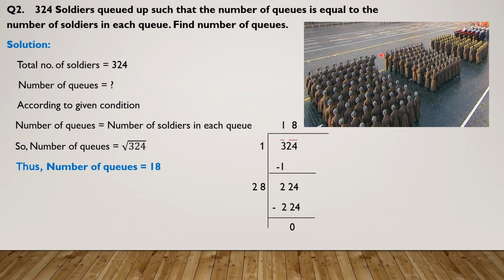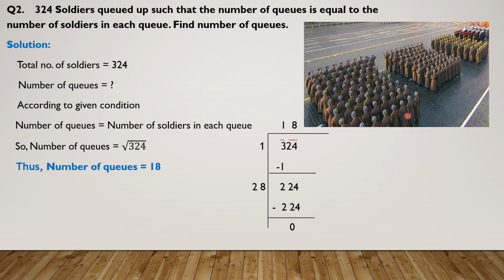You have a total of 18 queues and in each queue again you have 18 soldiers. In other words, students, this is a square, and to find the side of a square, what you did in the previous question, you simply take the square root of your area. Got it? In the previous question we took the square root of the area.